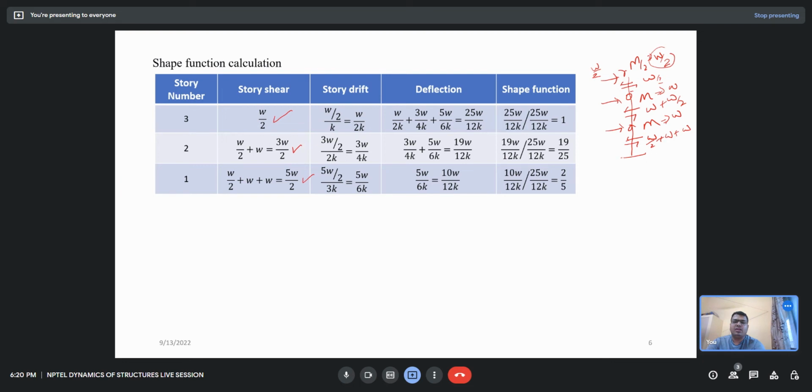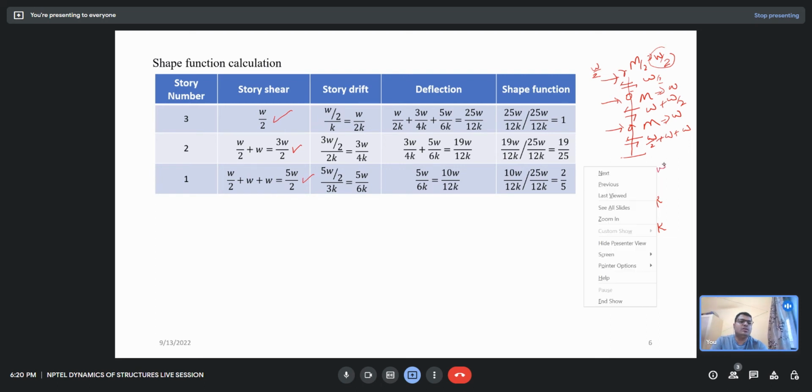Now the story drift, we have to calculate the story drift. So, what is the stiffness we have for each story? For this, third one is K, second one is 2K, and first one is 3K. So for this story, if my shear force is w by 2, what will be the drift?